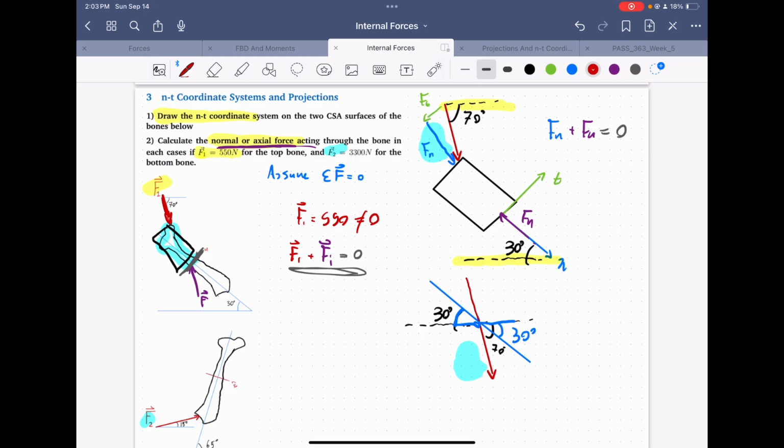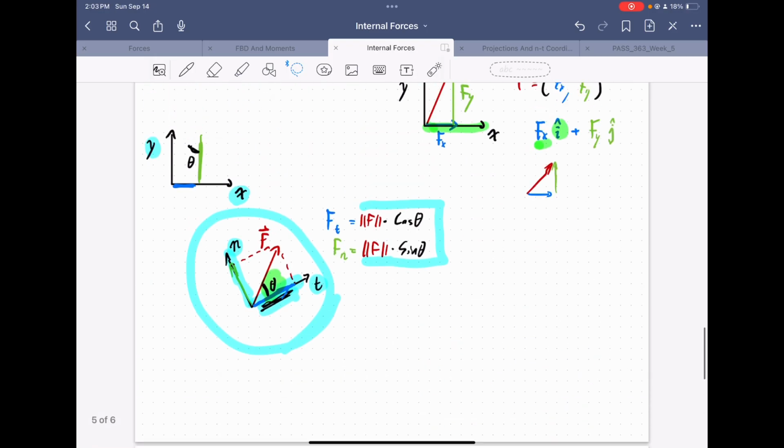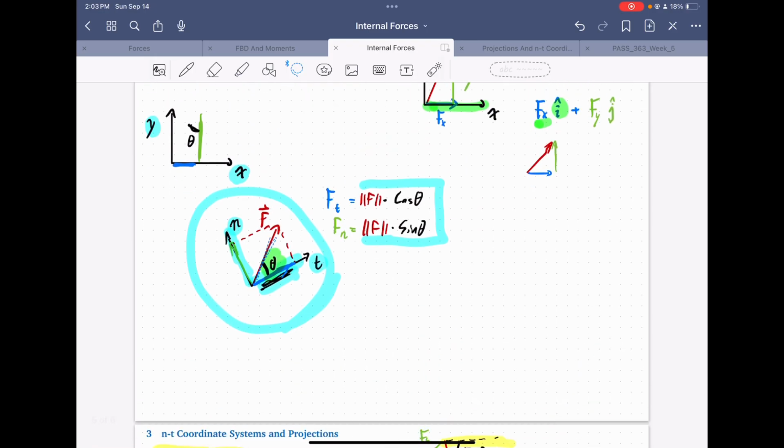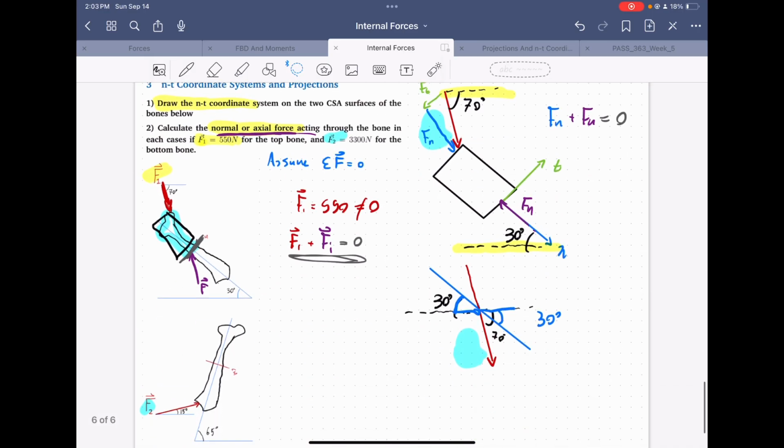So what do we want in a projection? We want the angle between those, right? We want the angle between the force and that normal side. So I'll write that down. We want to find the F normal component.